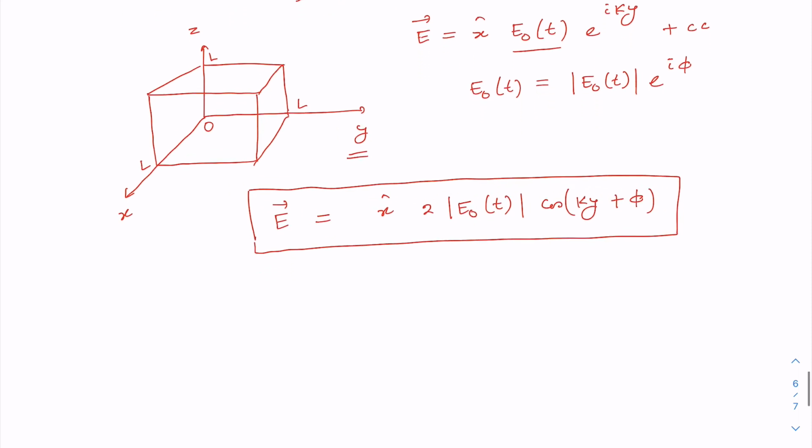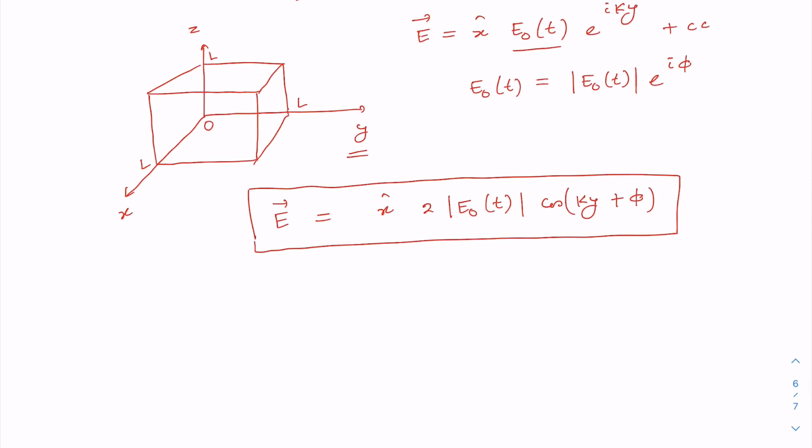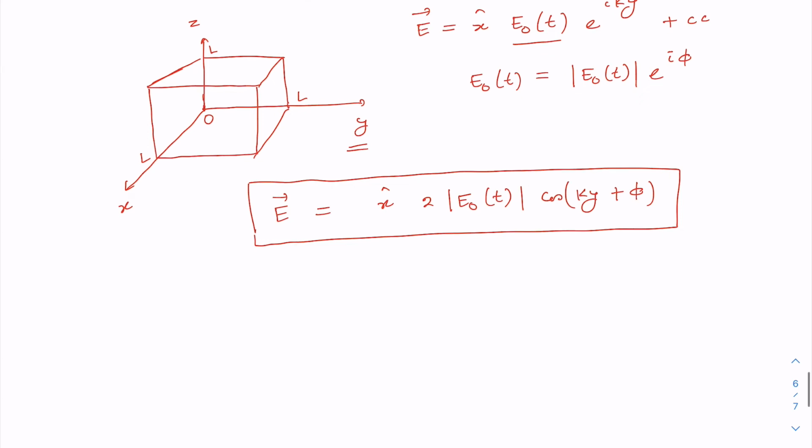Now we are considering a traveling or propagating wave. For a propagating wave, it is going to satisfy certain boundary conditions. For example, the electric field at this wall, here and here, and actually this is valid for all other directions.